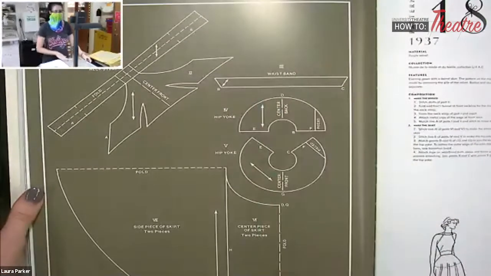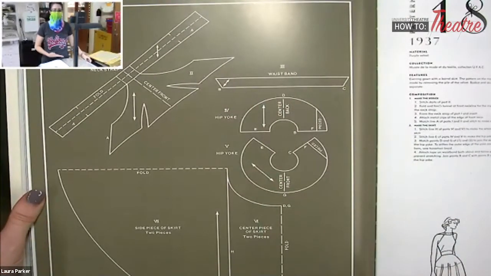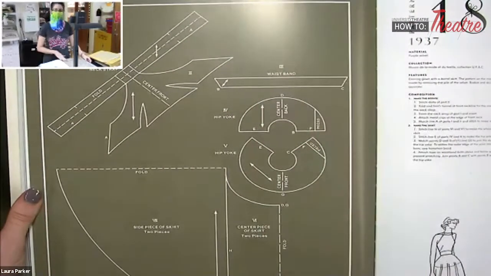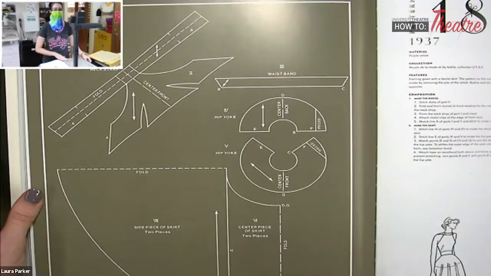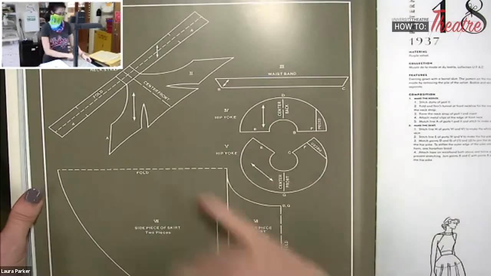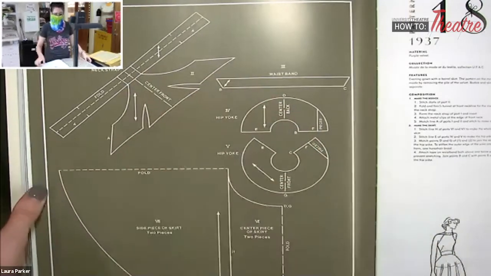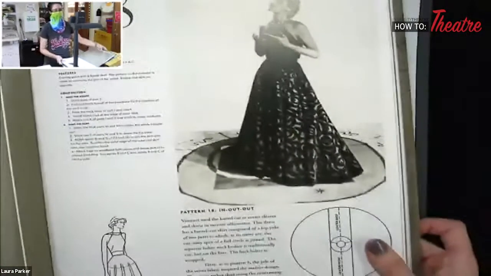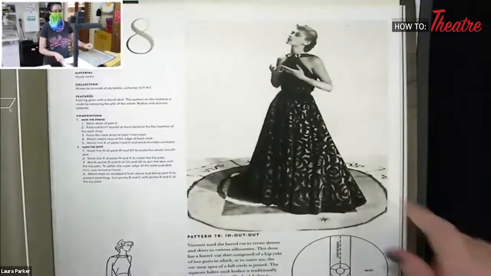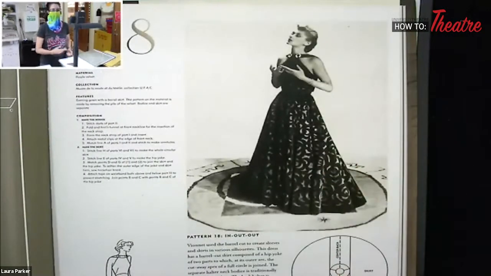And so this is going to be a really advanced technique. A pattern maker or technician is going to be able to look at these sketches and interpret how all of these shapes work together to create this really beautiful garment.